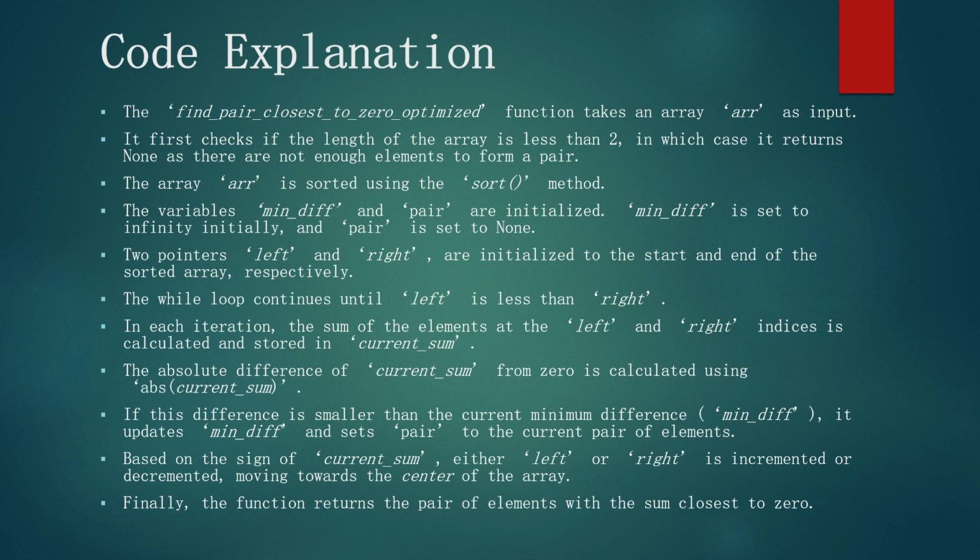If this difference is smaller than the current minimum difference, it updates minimum difference and sets pair to the current pair of elements. Based on the sign of current sum, either left is incremented or right is decremented, moving toward the center of the array. Finally, the function returns the pair of elements with the sum closest to 0.